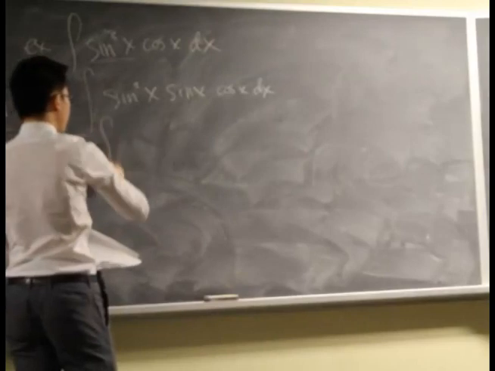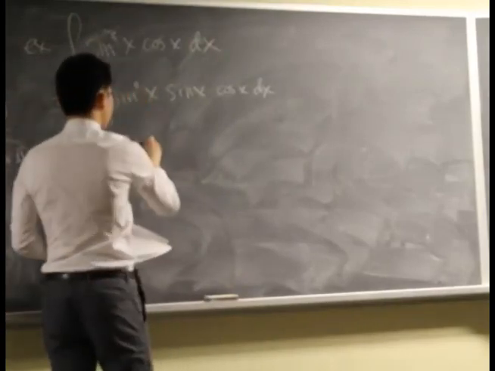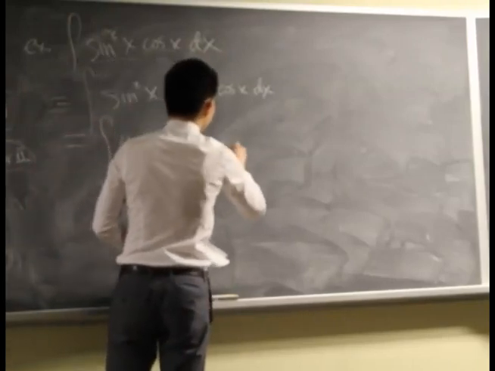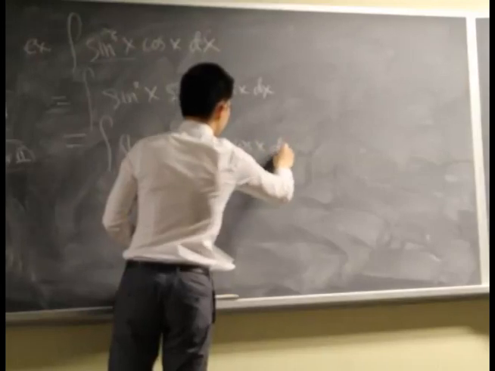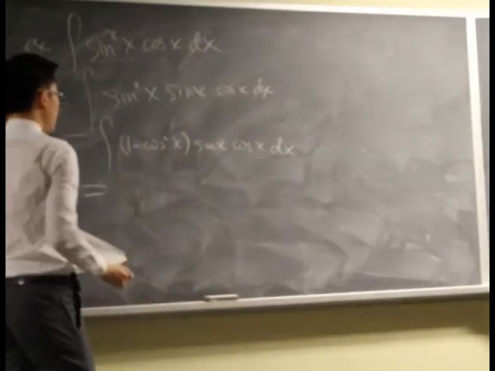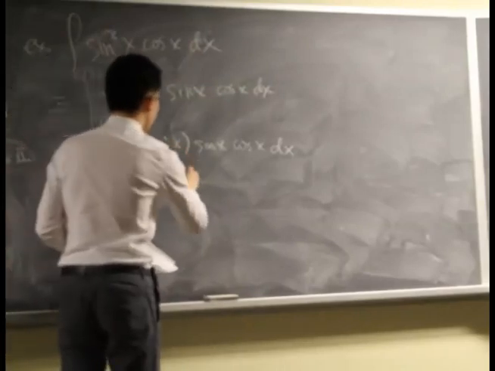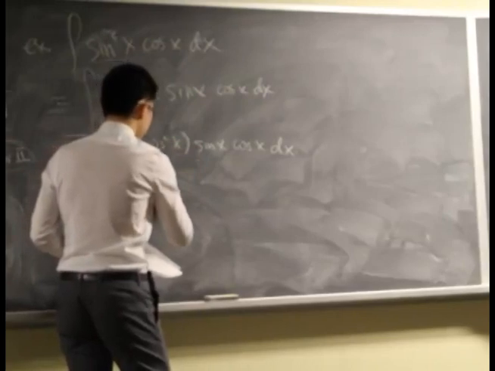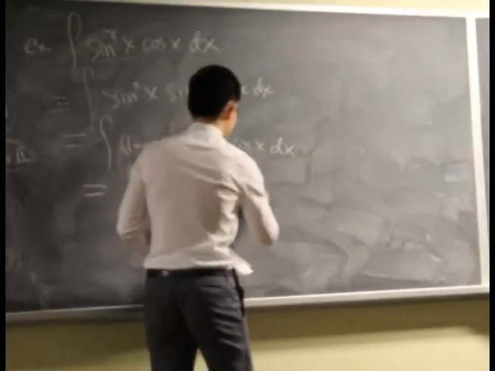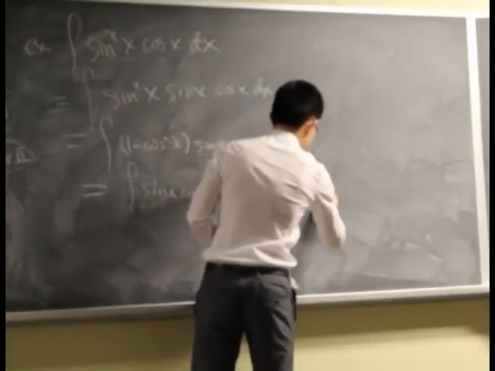And then, using the trigonometric identity number 1, this is the integral of 1 minus cos squared x times sine x cos x dx, which is going to be equivalent to breaking down the bracket: integral of sine x cos x dx minus integral of cos cubed x sine x dx.